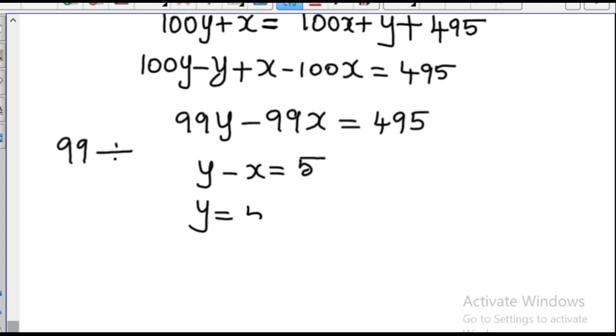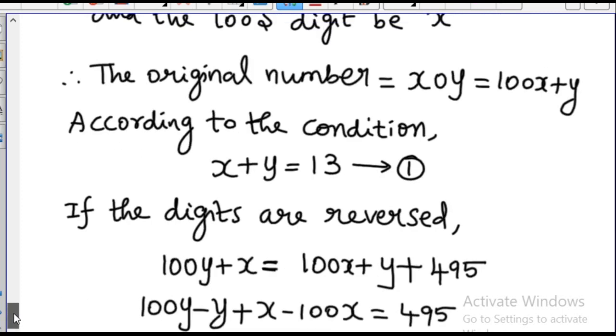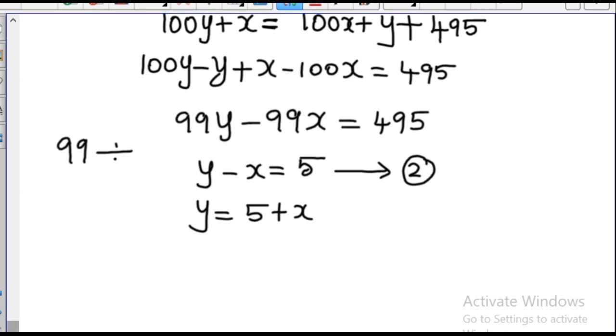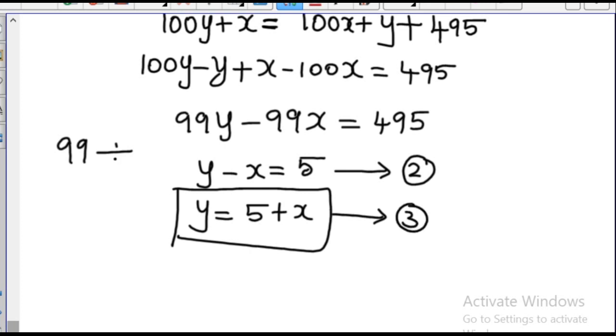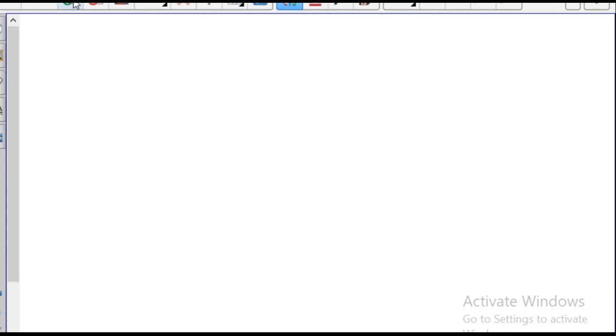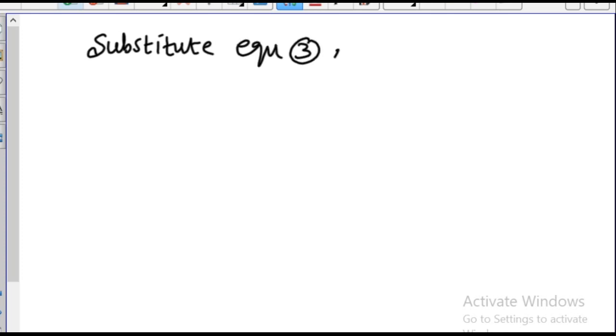From this you can find the y value. So y is equal to 5 plus x. This is equation number 2. Already we have the first equation, and this is our second equation. From this we are finding the y value, that is equation number 3. Substitute equation number 3 in equation number 1.